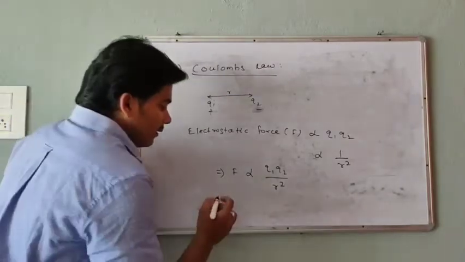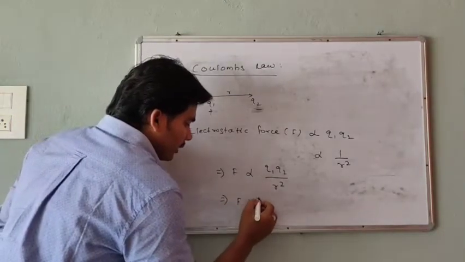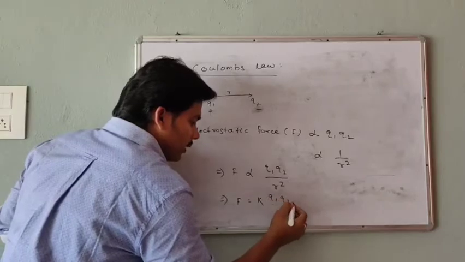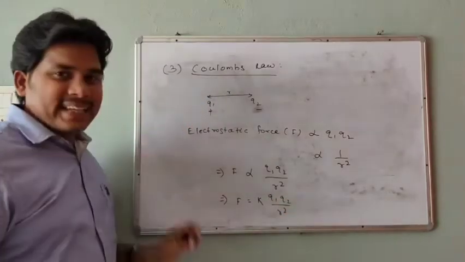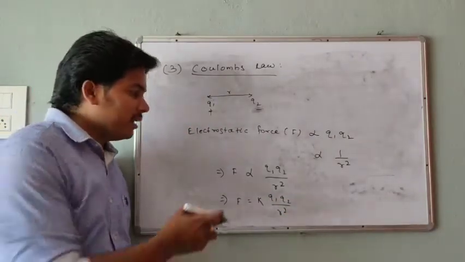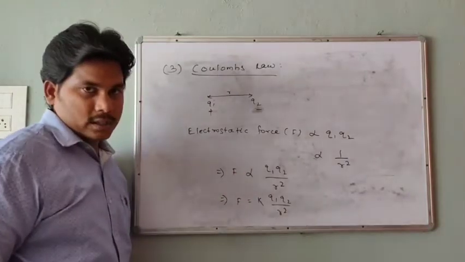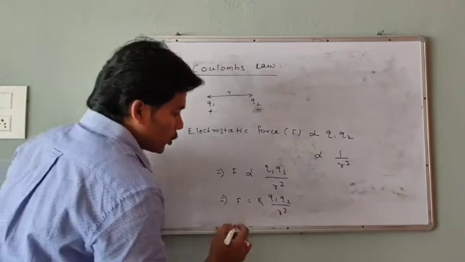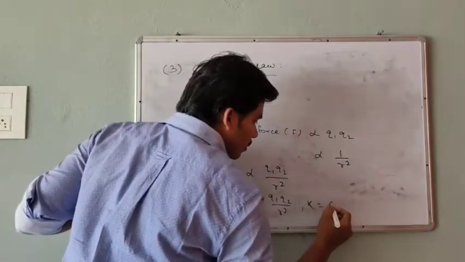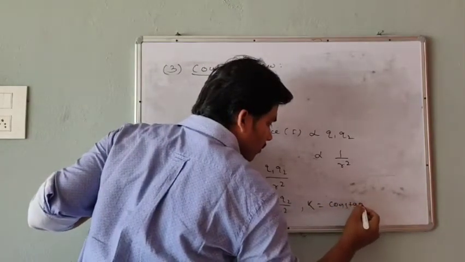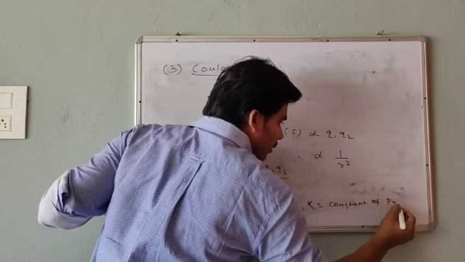Understand? Hence F equals K into Q1 Q2 by r square. What is K here? Whenever there is a proportionality, we use a proportionality constant. Here K is the constant of proportionality.